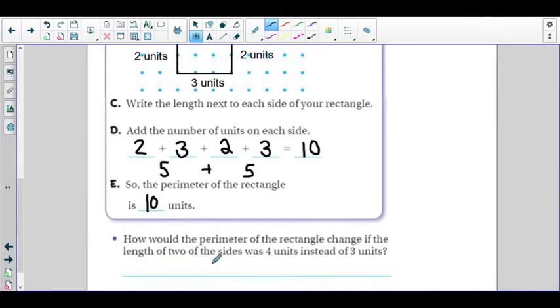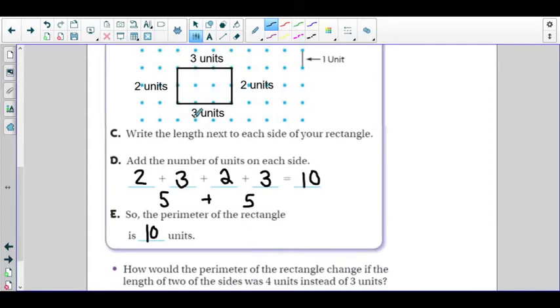Now, down here it says, how would the perimeter of the rectangle change if the length of 2 of the sides was 4 units instead of 3 units? All right, so we're going to change this where it's 4 units instead of 3 units.